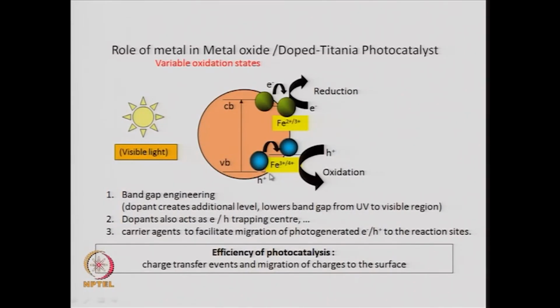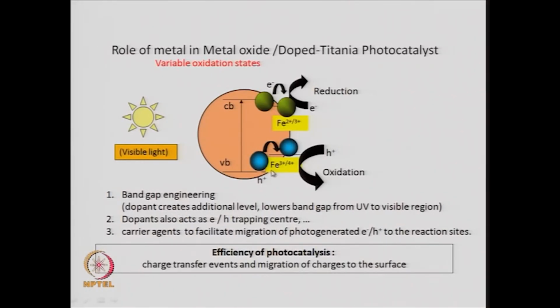Now, if you have a hole, iron 3 plus will get converted to iron 4 plus. So, in the presence of an electron, iron 3 plus will get converted to iron 2 plus. In the presence of a hole, iron 3 plus will convert to iron 4 plus. Both are possible because of the variable oxidation state of iron, and the dopant also creates additional levels.